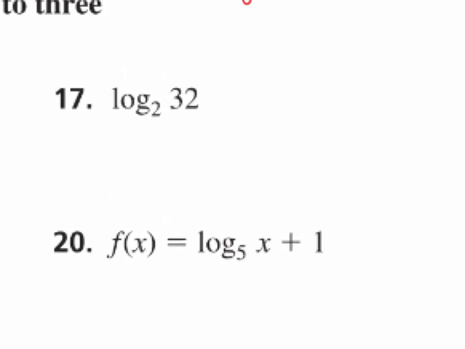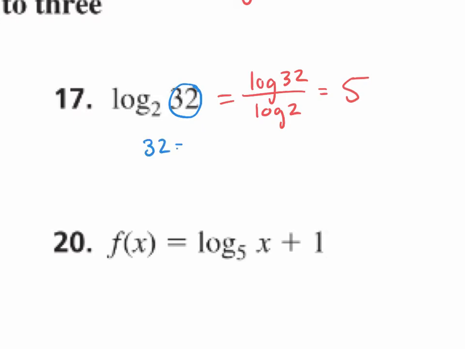All right, 17. How do we put this into the calculator? Log of 32 over the log of 2. What'd you get? 5. Perfect. We could also do this by changing 32 to look like 2 to some exponent.